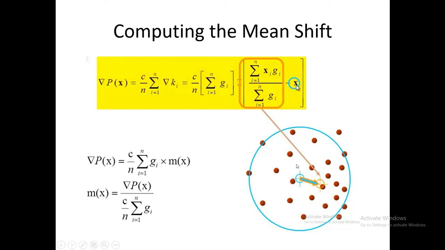We find the difference and change our center, and we change our region of interest, and we keep on estimating repeatedly until it converges. In this way we find the peak or mode of the distribution function, or we find the densest region of this distribution.